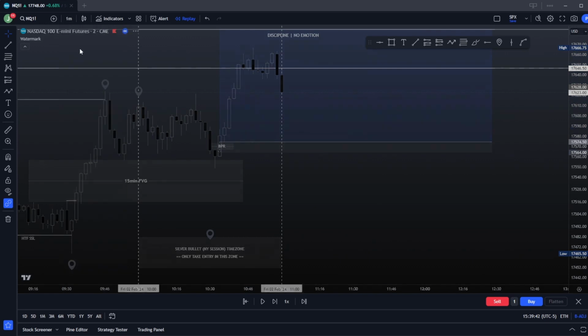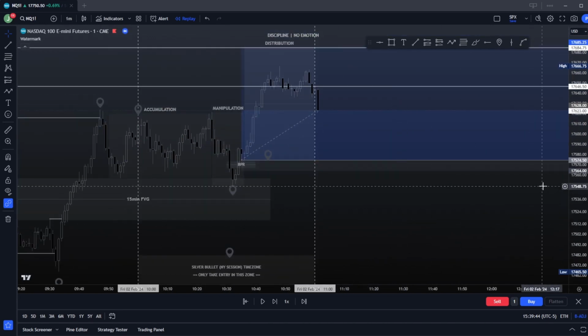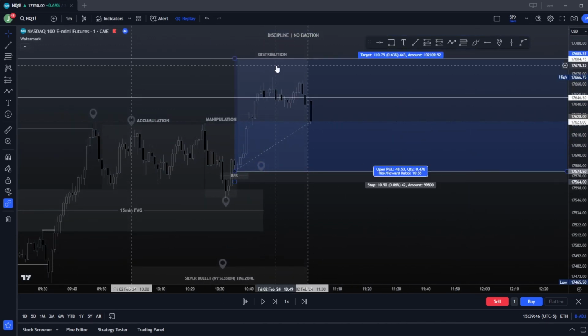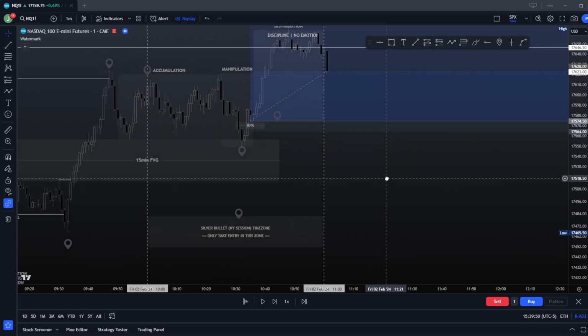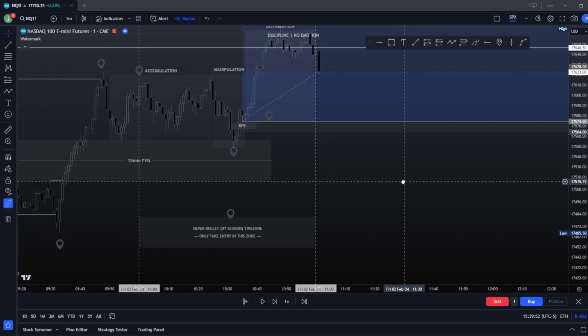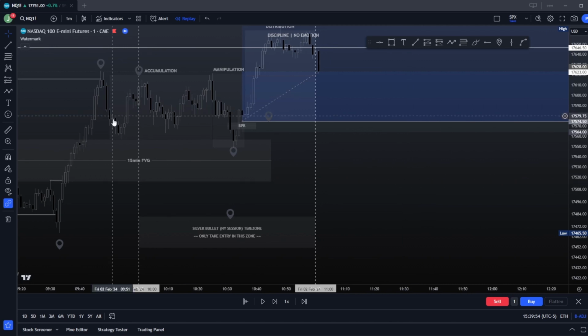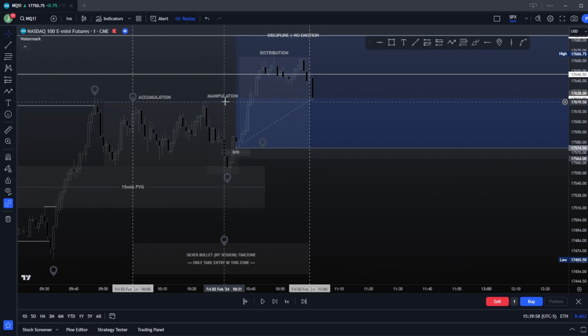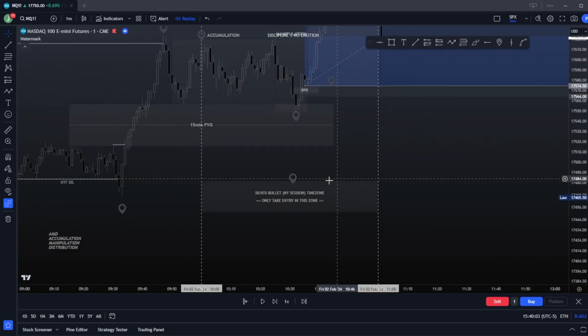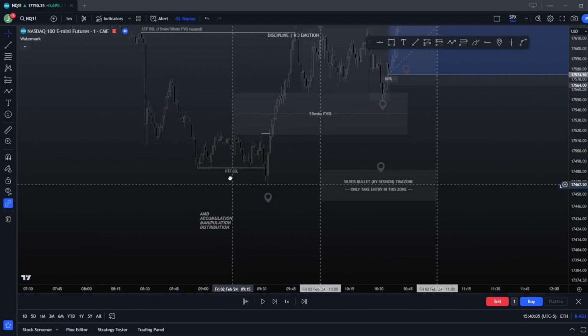All right, let's flip to the 1 minute. What is it that we are seeing? Accumulation, manipulation, distribution. What is that? Well, remember what we went over earlier?